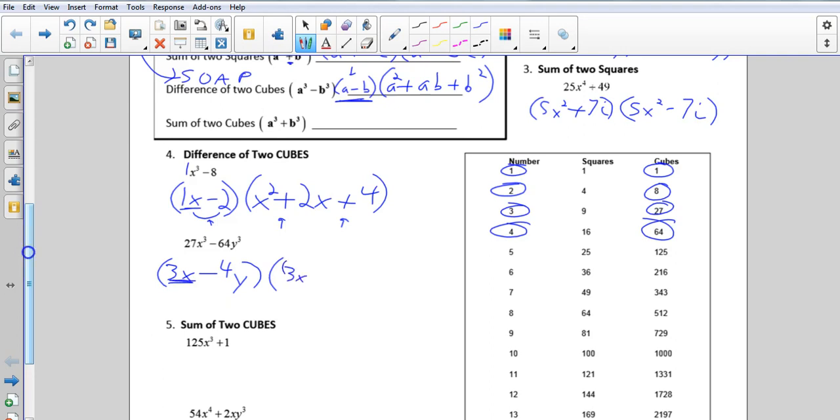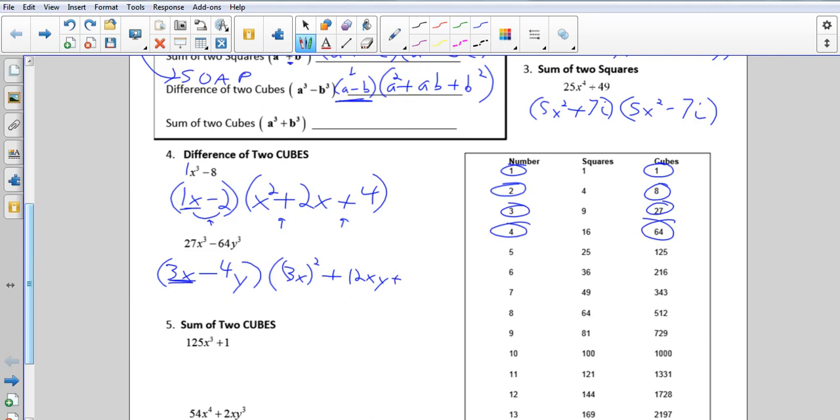3x squared. I want to take 2 steps for this. You can go right to the answer, but I want to take 2 steps. Now, we have same. Now we're going to do opposite. 4 times 3 is 12, and x times y is xy. And then the last is always positive.